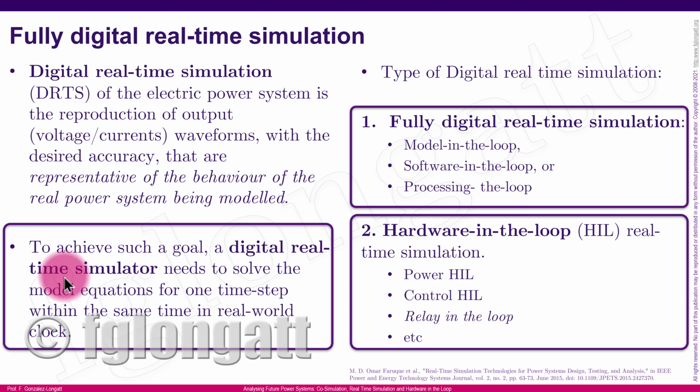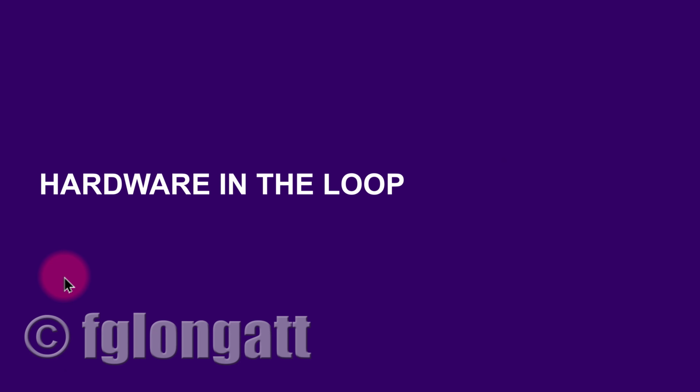What I'm trying to tell you is that we are evolving, we are including the real device inside the loop. And what is the advantage of this? That you are testing your algorithm, your project, your idea with the real device inside the loop, okay? What I will talk about now is what we call hardware in the loop.